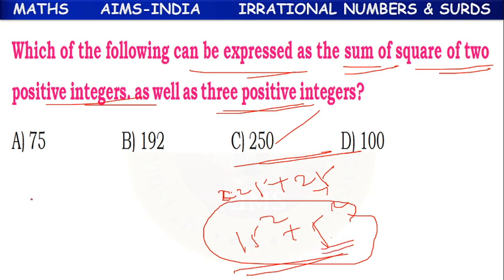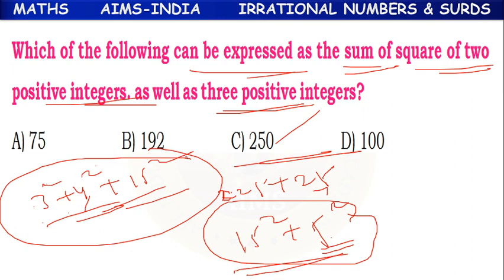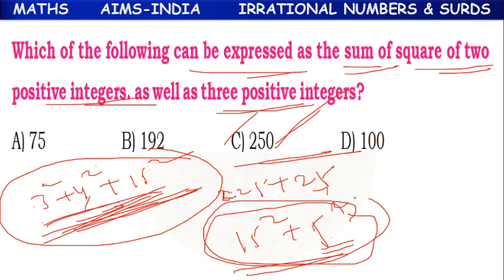According to the right angle triangle, we know 5 square means 3 square plus 4 square, because 3 square is 9, 4 square is 16. 9 plus 16, 25. So 3 square plus 4 square plus 15 square, this value also equals 250. Sum of squares of 3 positive integers. So 250 can be written as sum of squares of 2 positive integers and sum of squares of 3 positive integers.